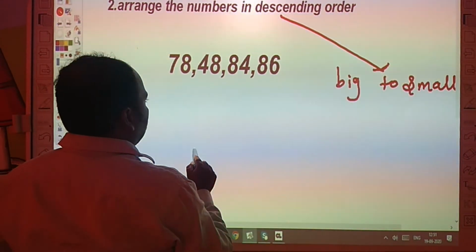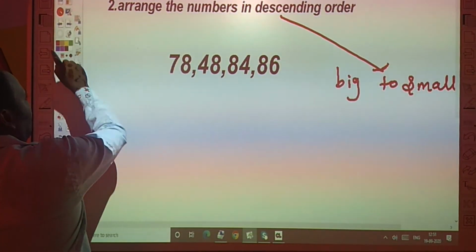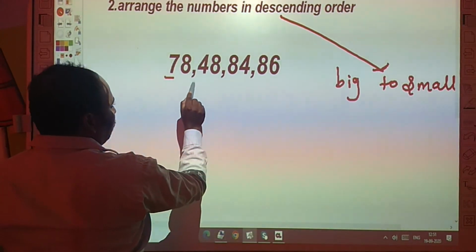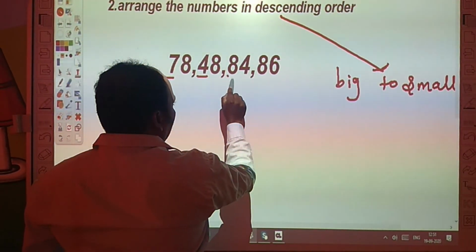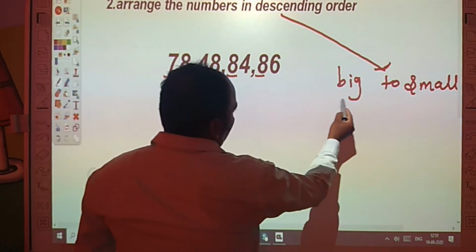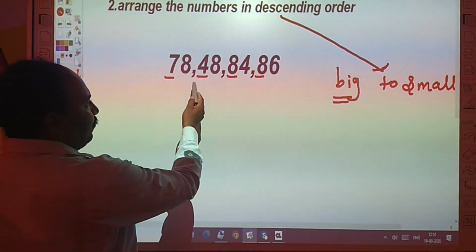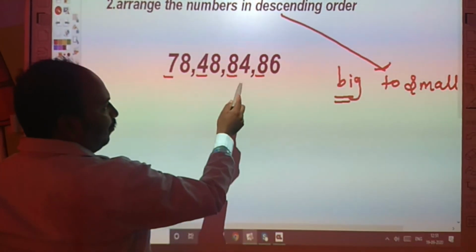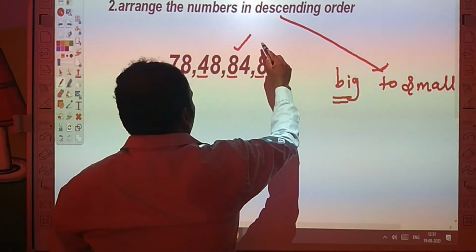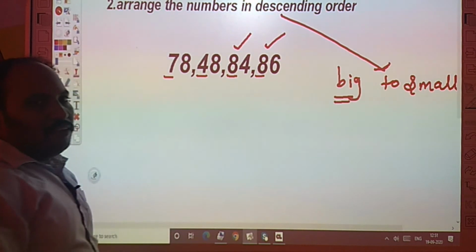First we compare the tens place: 7, 4, 8, 8. We want the biggest number. That means 8, 8 is the biggest of all.